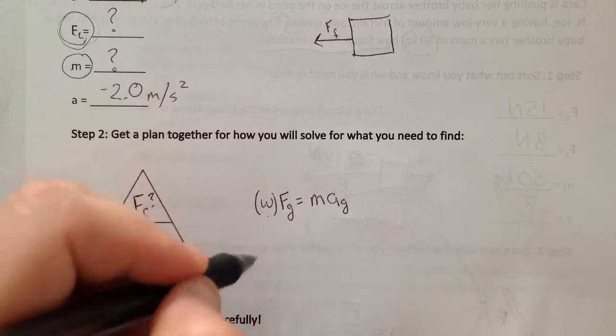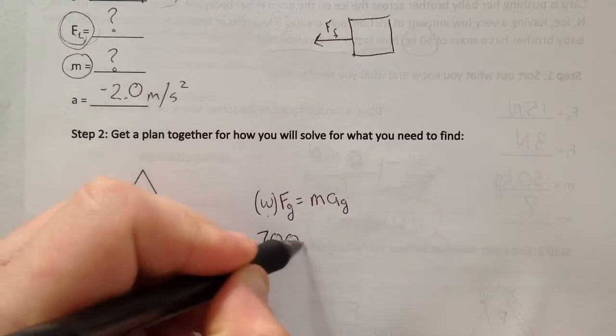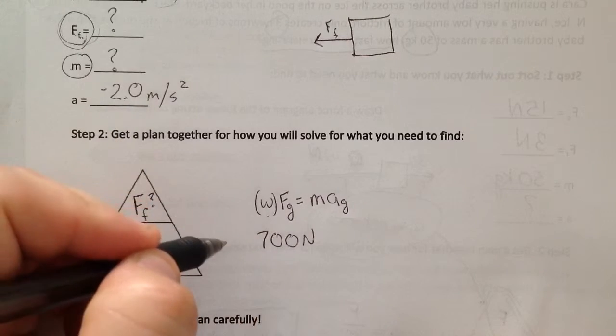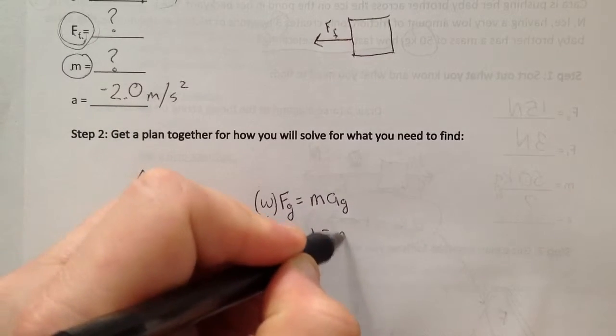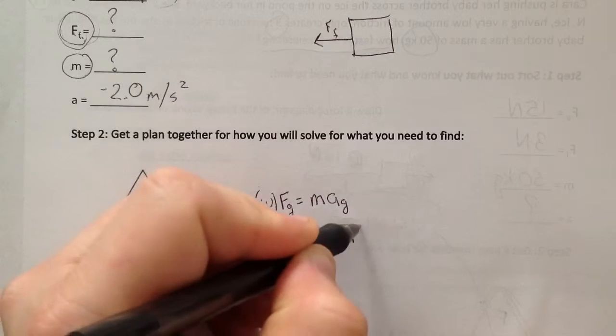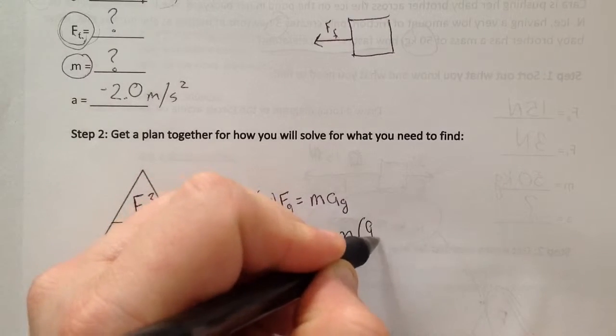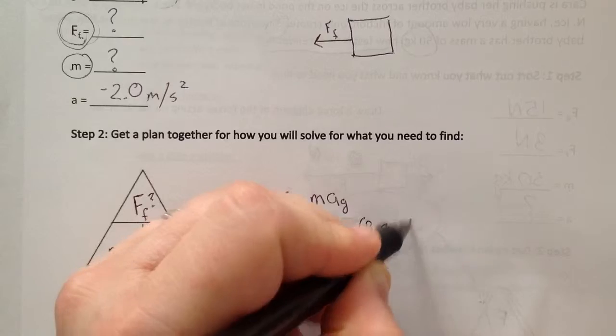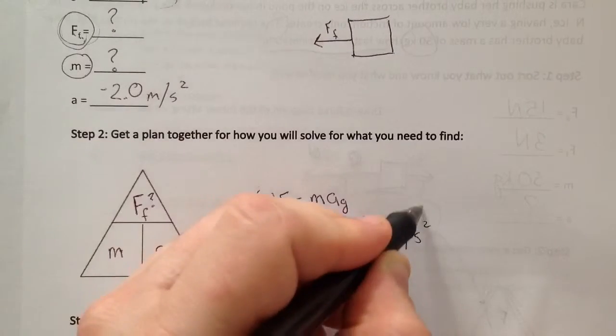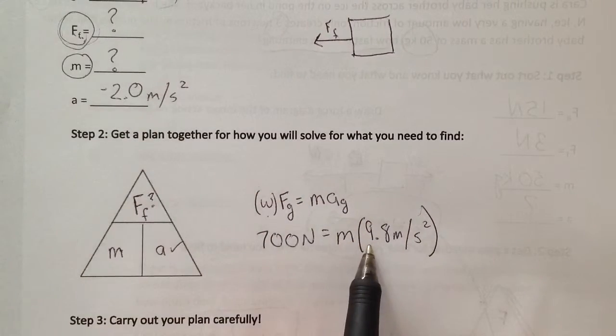We know her weight, 700 newtons, and that's given up above, equals whatever her mass is times 9.8 meters per second squared. And that's because we're on Earth.